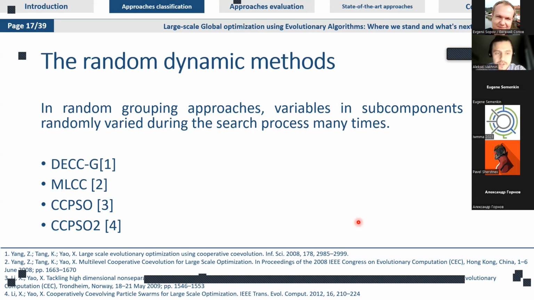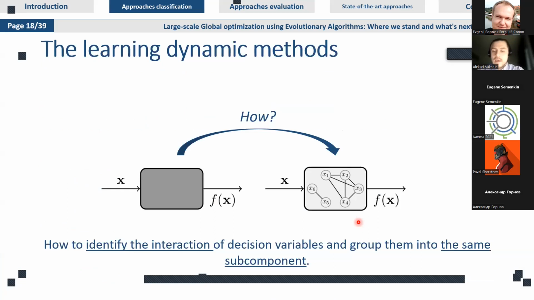Here you can see four algorithms which use random dynamic methods.